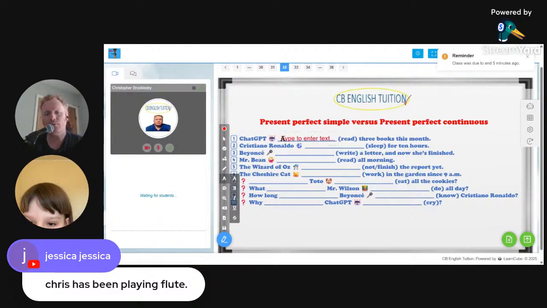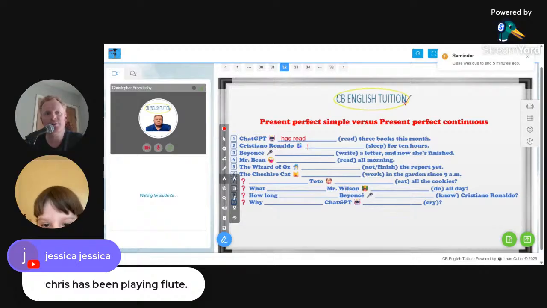Good. So is that present perfect simple or present perfect continuous? Present perfect simple. Yeah. So we are thinking about the result, not the action.